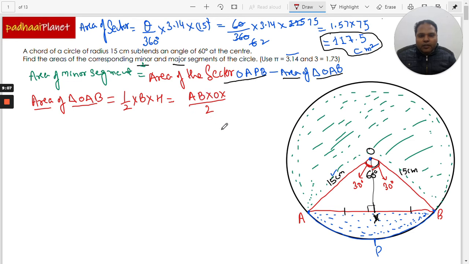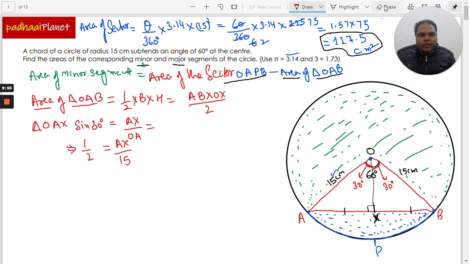Now let's look at this triangle OAX. In triangle OAX we can say that sine 30 degrees is equal to AX upon OA. We already know that the value of sine 30 degrees is 1 over 2. So this is equal to AX upon OA, and OA is 15 here.